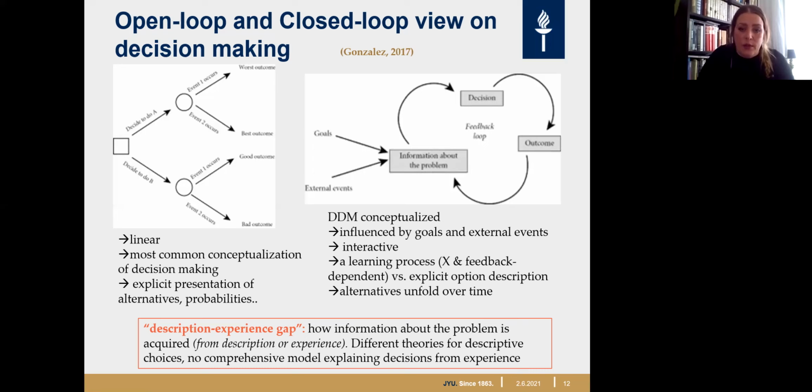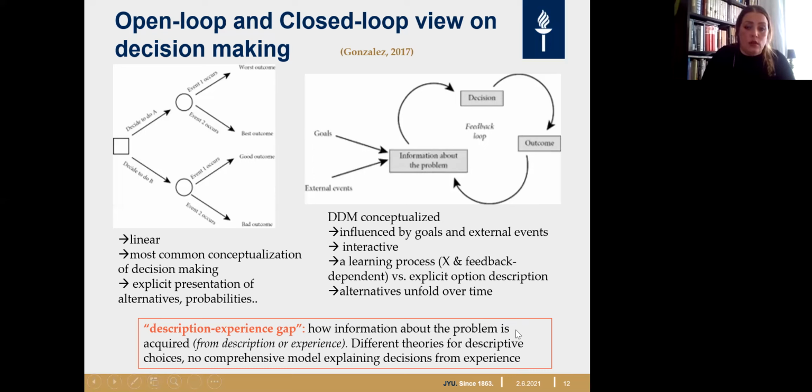These have also been pinpointed to different theories. For example, prospect theory by Tversky and Kahneman, often also called loss aversion theory, has the potential to explicate decision processes based on description, and it usually follows the open loop model.